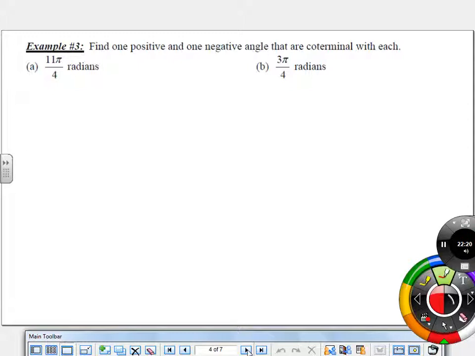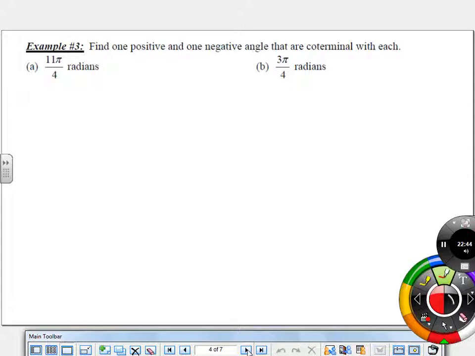So if I was trying to find coterminal angles in degrees, I would just add or subtract 360, because that would add or subtract loops around the circle. I want to do the same thing, but in a different world of measurement now. So I'm just going to add or subtract 2 pi to come up with my coterminal angles in the world of radians. Does that make sense to everybody? You're doing the same thing, just with a new unit of measurement.